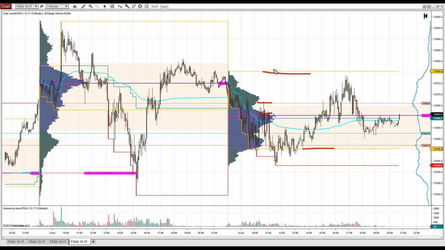I can say my risk, or my stop loss, basically is this initial balance high, and my target is just below the initial balance low. When it is broken, you know it is very likely to be more than 3-4 points.